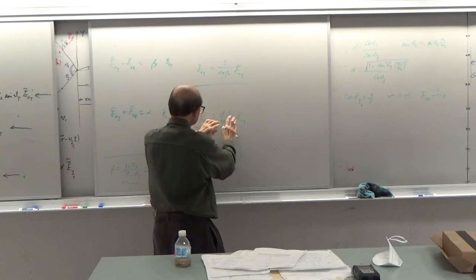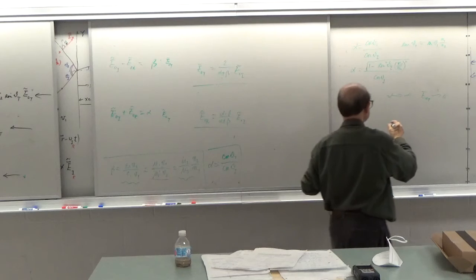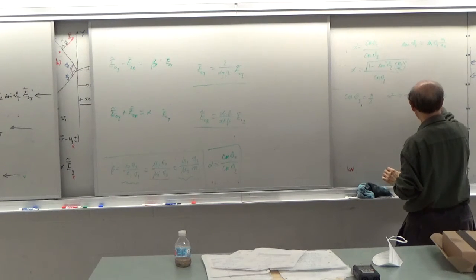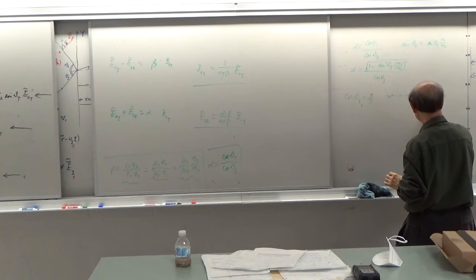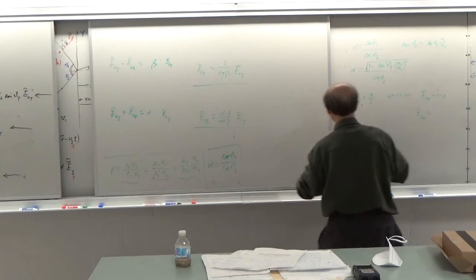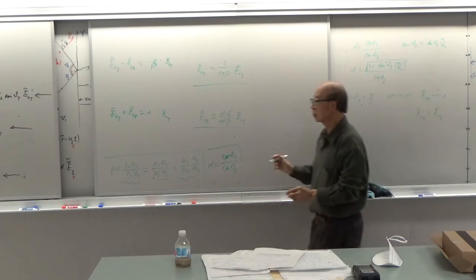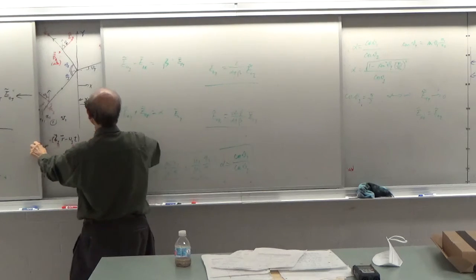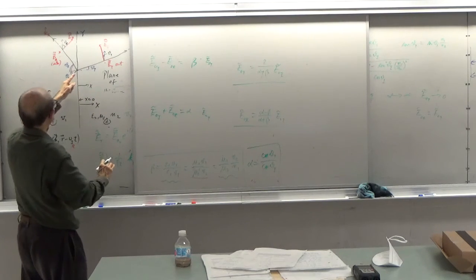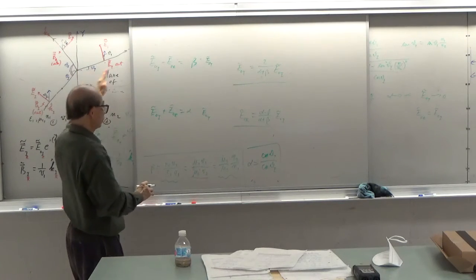Alpha is large, so this is 1. So the reflected beam is equal to the incident beam, so the whole beam is completely reflected, and there's no transmission.